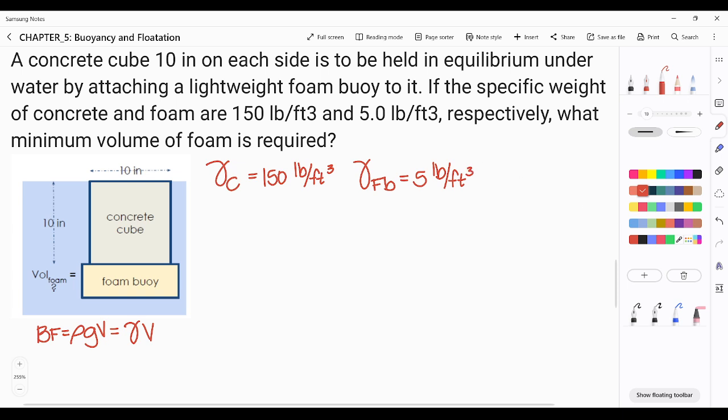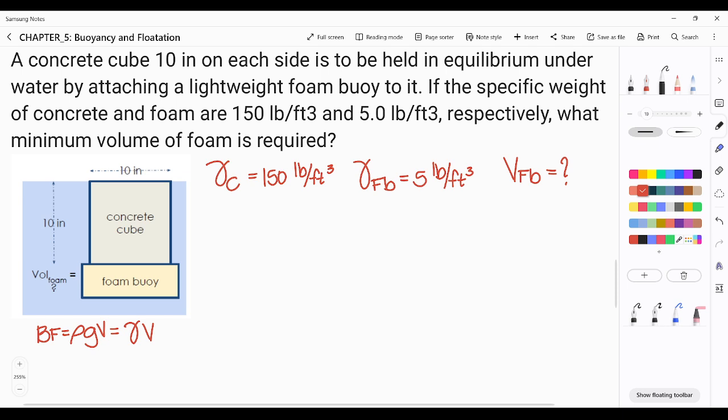Alright? That's what we have. And we are looking for what? We are looking for the volume. Hinahanap natin what is the minimum volume of the foam buoy para ma-hold natin siya in equilibrium underwater.